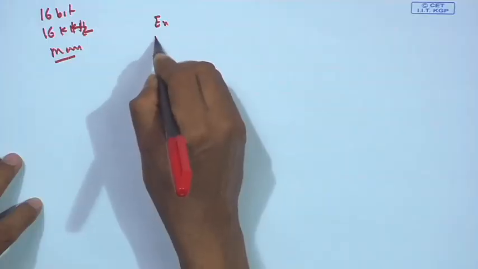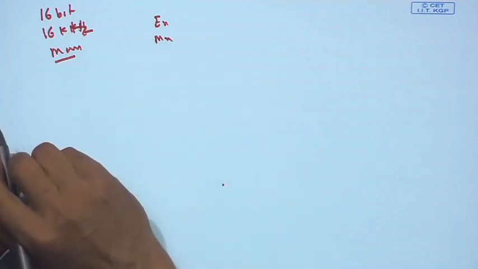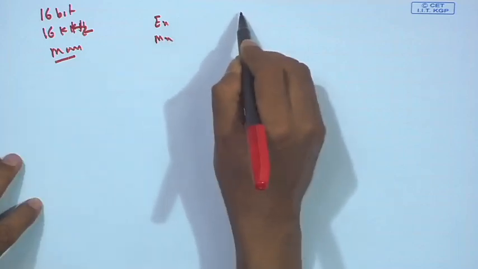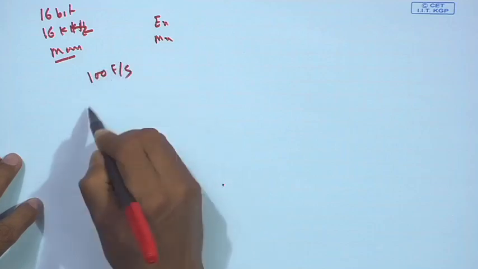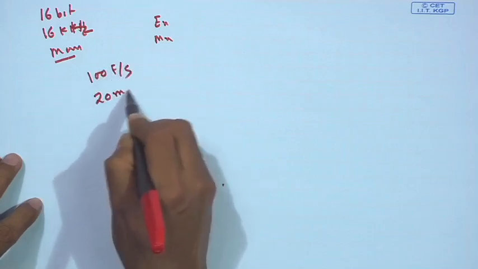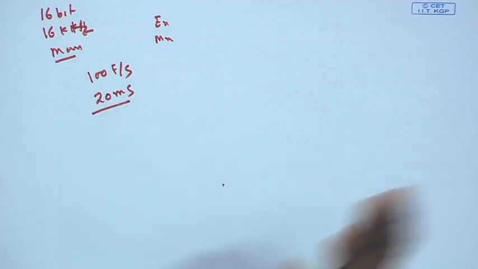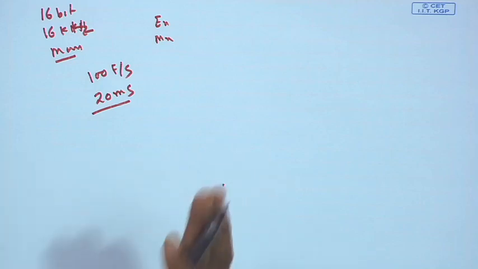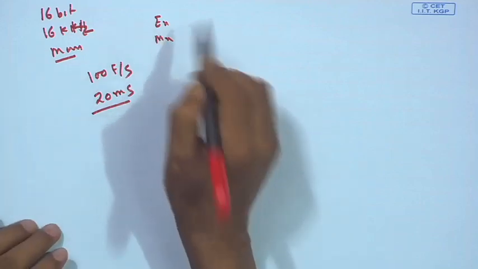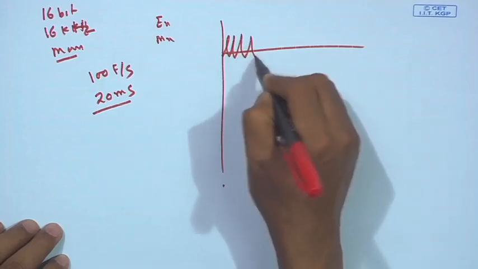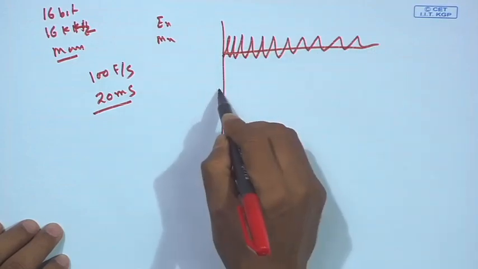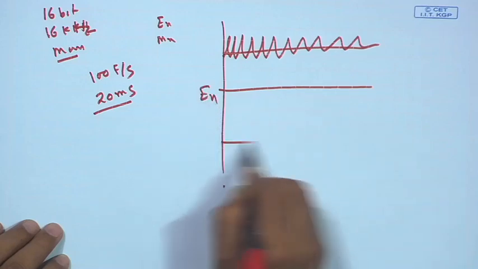Then find out the values of E n and M n, at a rate of 100 frames per second. Take a 20 millisecond window length with a frame shift of 10 millisecond, and find out E n and M n. Then plot three signals: first your recorded signal, then E n, then M n.